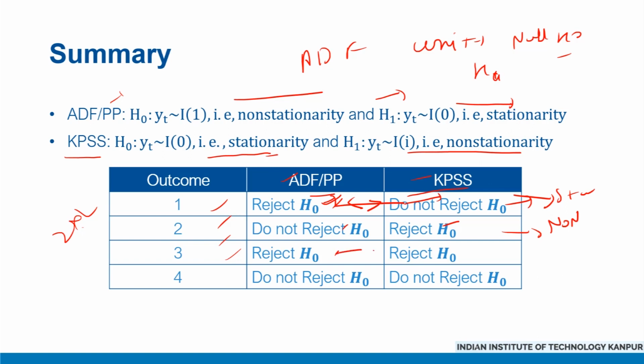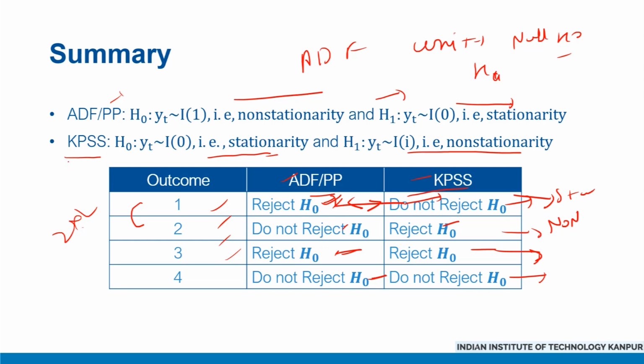However, if you look at outcomes 3 and 4, reject H0 and reject H0, their H0 being opposite, this is contradictory evidence. Similarly, do not reject H0, do not reject H0, this is also contradictory evidence. So in case your results appear to be from 1 or 2, you have very solid and robust evidence where all the tests are converging with each other.